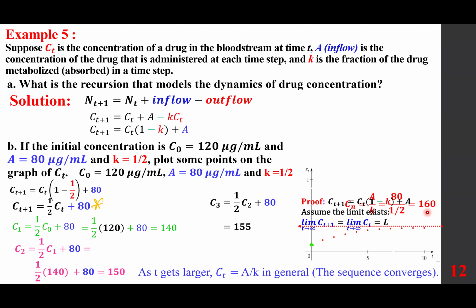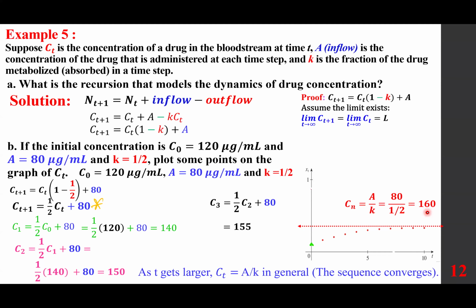So as far as the proof is concerned, if the limit exists, and we discuss the limit next time, C sub t plus 1 is C sub t times 1 minus k plus A, this formula, right? Assume the limit exists, we're going to take the limit of the left and right, and the limit is equal to some value, x, y, z, L. Normally we go with L to represent the limit. So let's take the limit of both sides. And we said the limit exists.